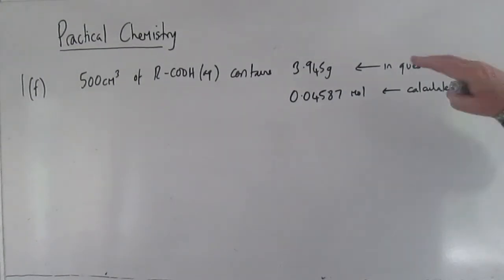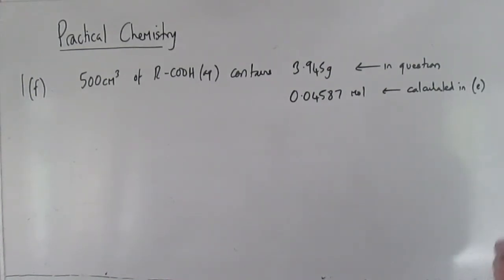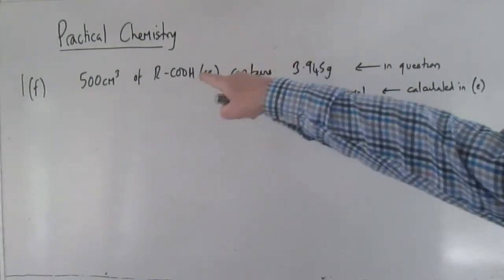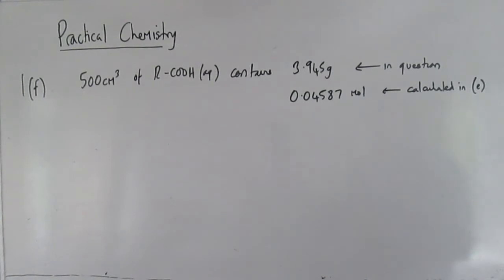Okay, so here's a summary of what we now know about this 500 cm cubed pot of the carboxylic acid that was made up at the beginning. It told us in the question that the 500 cm cubed contained 3.945 grams. But we've now worked out, by scaling up from the titration, how many moles there were in 500 cm cubed.